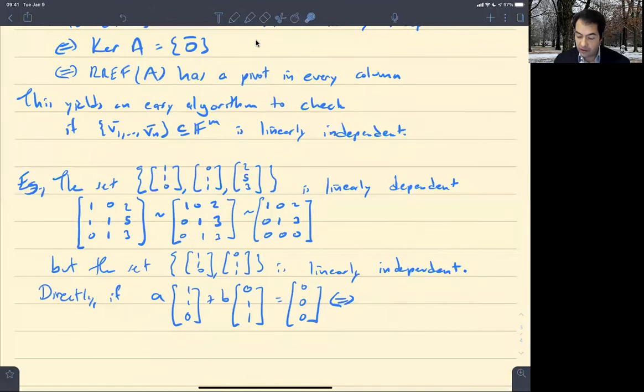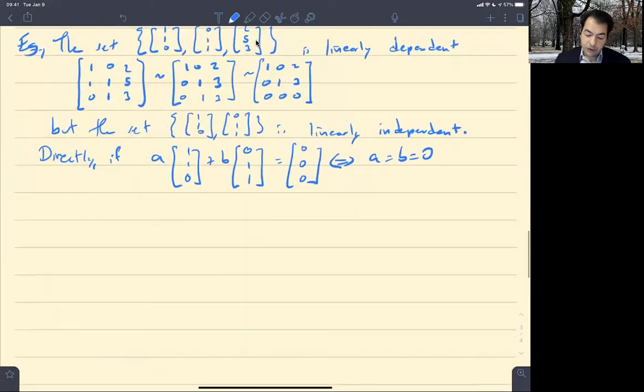And it's very easy to see this because if you do this, you would end up with A in the first coordinate, A plus B in the second coordinate, and B in the last coordinate, right? Okay, but if I'm supposed to get 0 in the first coordinate, that means that A has to be 0. And if I'm supposed to get 0 in the last coordinate, that means that B has to be 0. So the only solution here is A and B equal to 0.